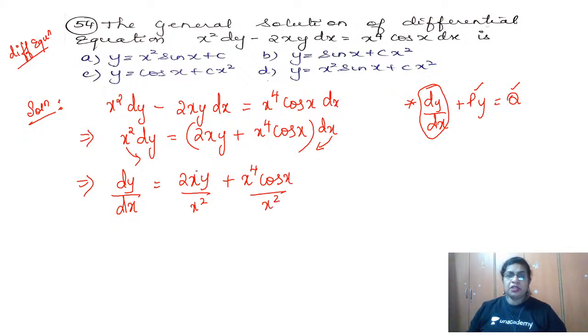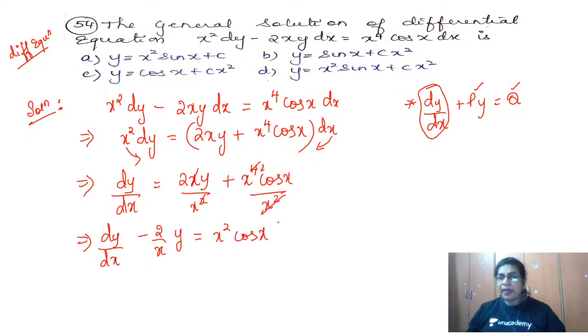Quickly simplify. What remains now? X and x cancels, 1 power remains. Here 2 power remains. Now tell me, can I write this in the form dy by dx? Here I want that y term along with dy by dx. So pull it to the left side. So it becomes dy by dx minus 2 by x into y is equal to x square cos x.